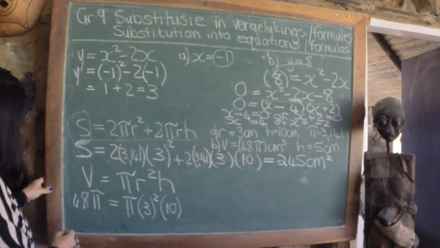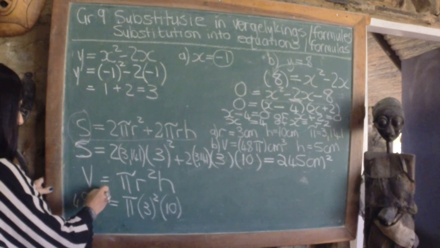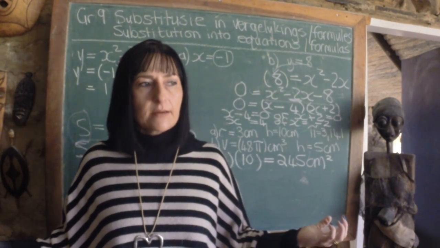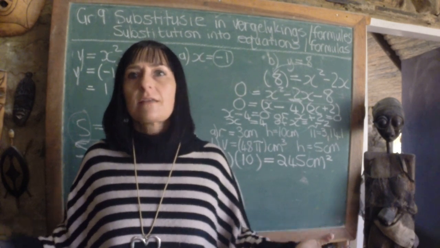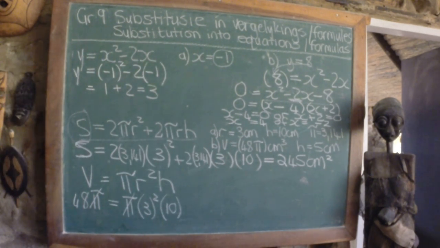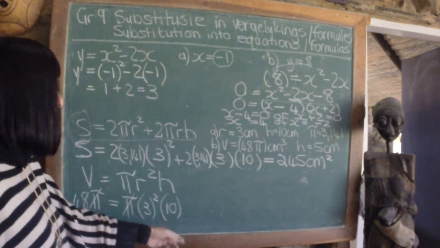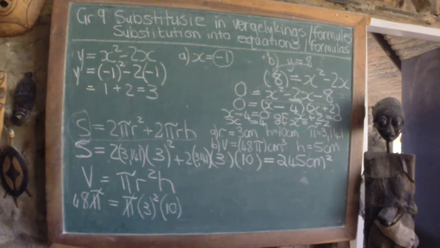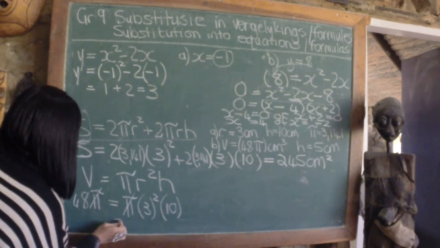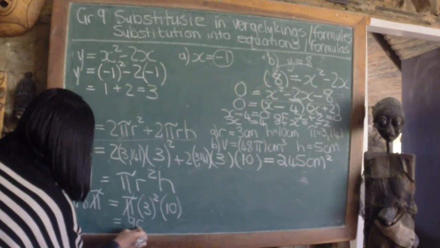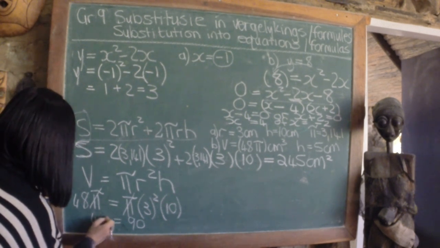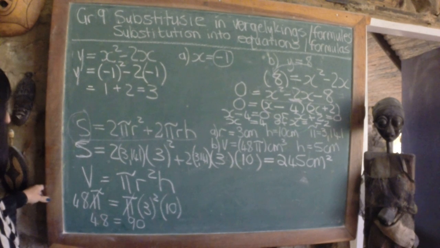So nou kan ons sê, if there's a p on both sides, they cancel. As ek aan weerskante van 'n skaaltjie eweveel neersit, dan maak hy geen verskil nie. So if there's exactly the same thing on both sides, then I can cancel it if there's multiplication in between. Goed, so ek kan sê 3 maal 2 is 9, 9 maal 10 is 90 en ek het hier 48.